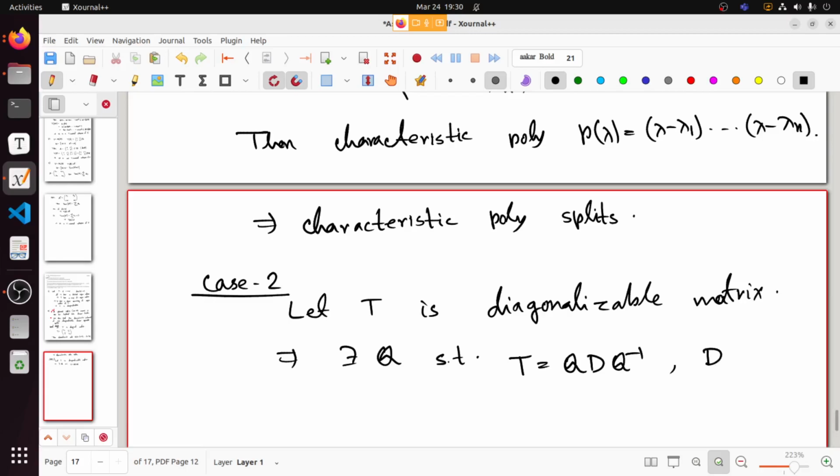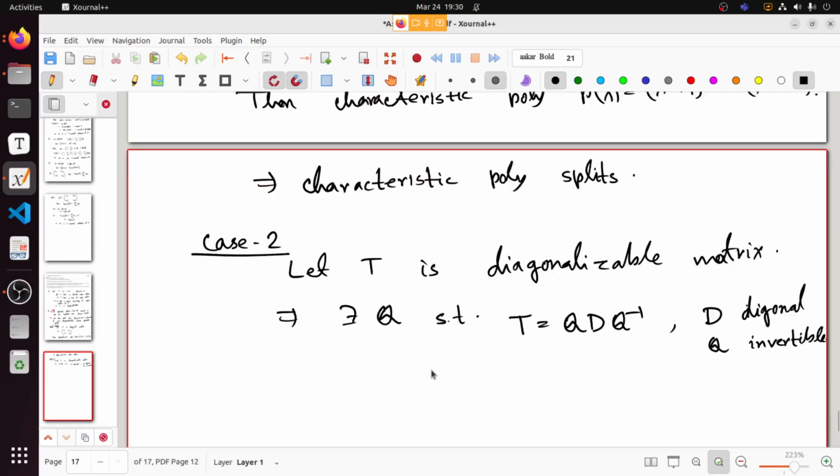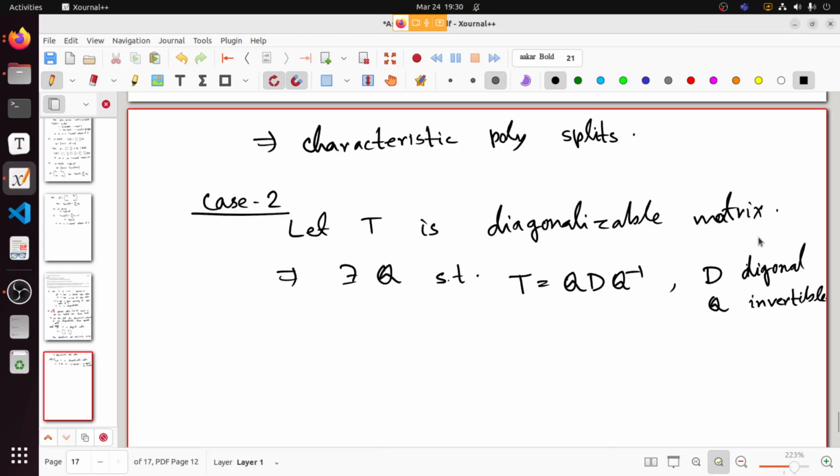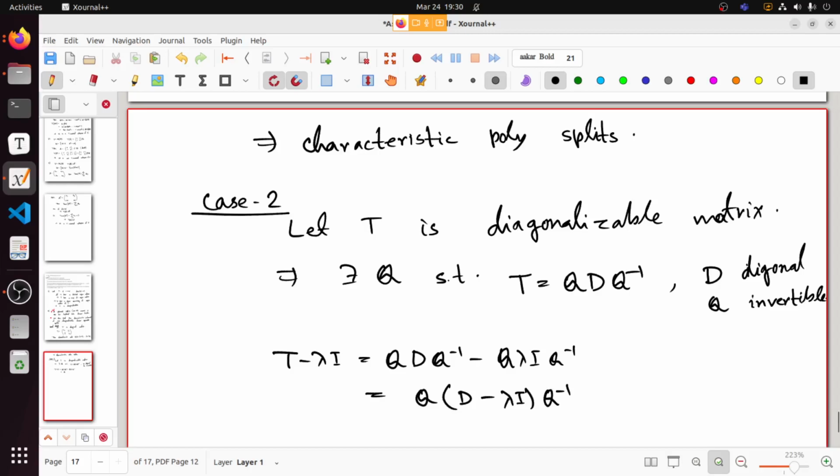Where D is diagonal, Q is invertible. Then what will be the characteristic polynomial of T? If you compute T minus lambda I, then it will be Q D Q inverse minus Q lambda I Q inverse. So this is basically Q (D minus lambda I) Q inverse.